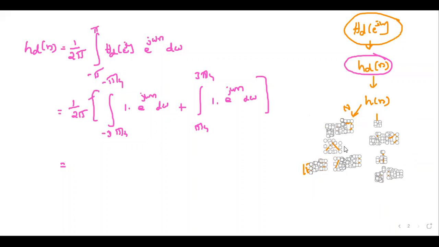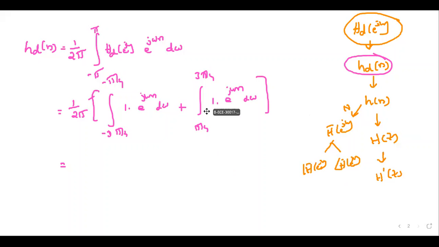1 by 2 pi jn into 2j sin 3 pi by 4n plus j2 cos pi by 4n.